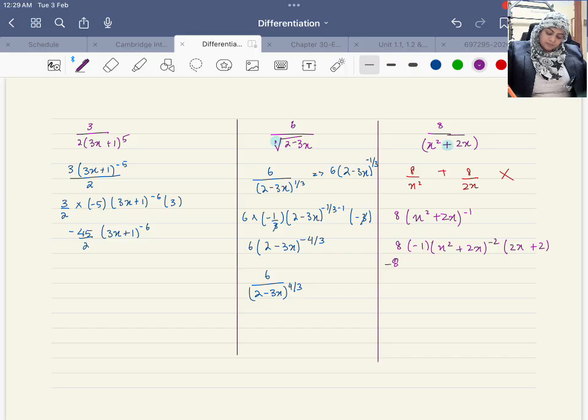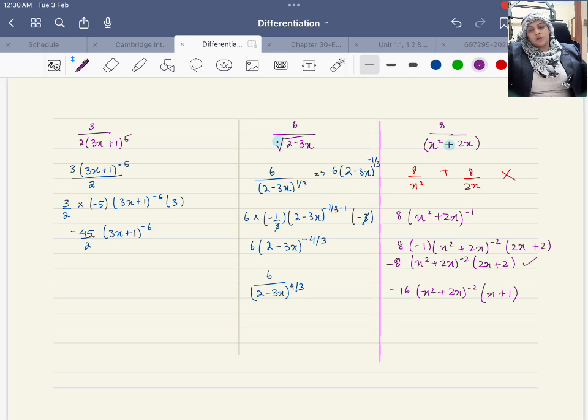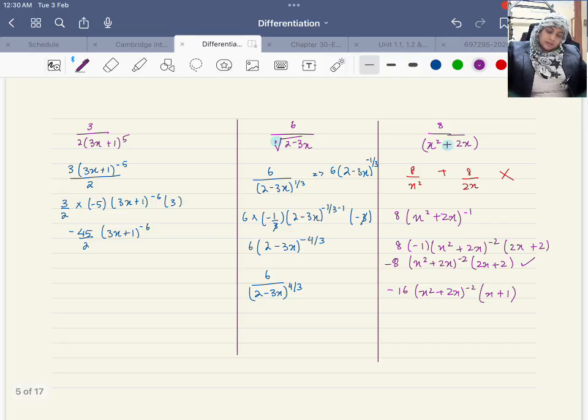Minus 8 into x squared plus 2x to the power minus 2 into 2x plus 2, or I take out 2 common from here, bring it outside, multiply with 8, becomes minus 16 x squared plus 2x to the power minus 2 into x plus 1. This will be your final answer. You can leave it over here also.